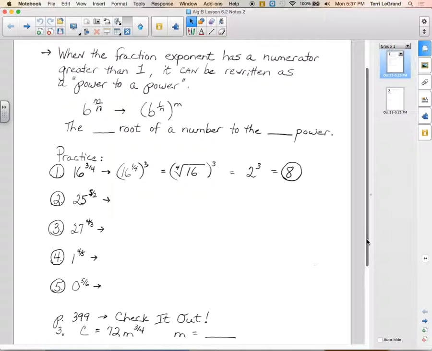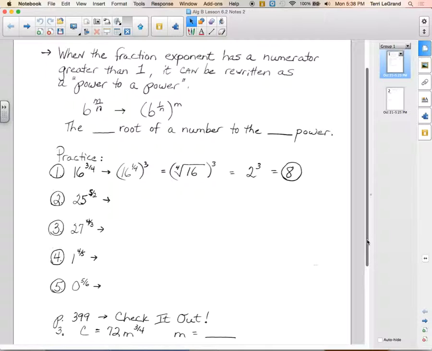So instead of it being b to the 1 over n power, today it's not going to be a 1, so we're going to call it m. If we have b to the m over n power, m over n is our fraction, we can rewrite that as b to the 1 over n power, that taken to the m power.